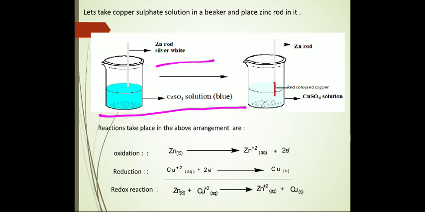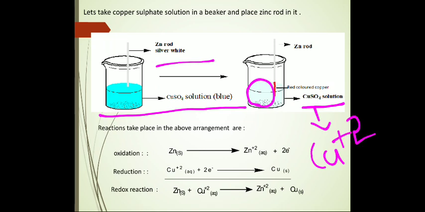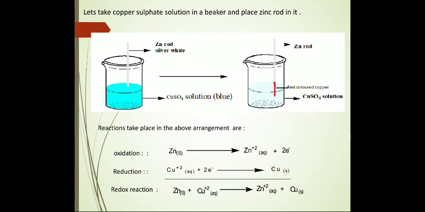But after some time, the intensity of the blue color gradually decreases, and red colored copper from the copper sulfate solution in the beaker is deposited on the zinc rod. That's why it changes to red color.